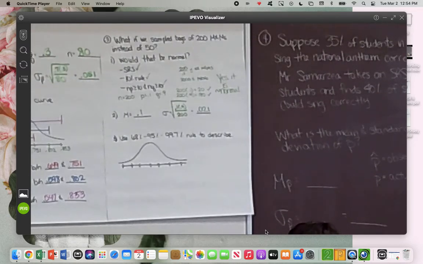All right, Chloe, do you have the numbers to go label that? Will you go label that curve? Pick a color, just not black.